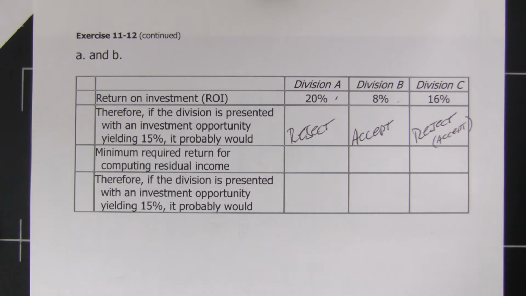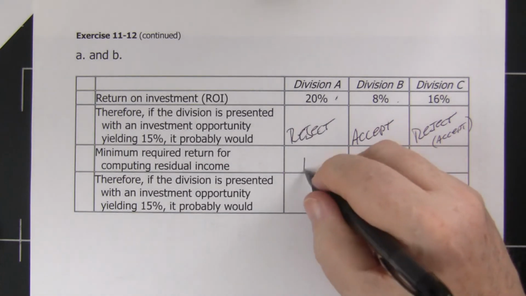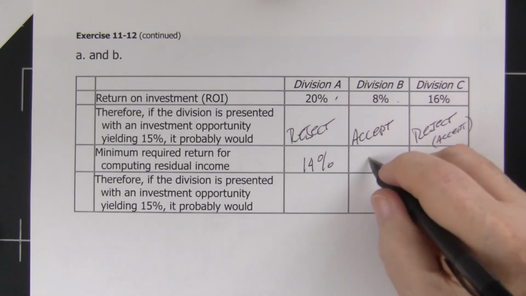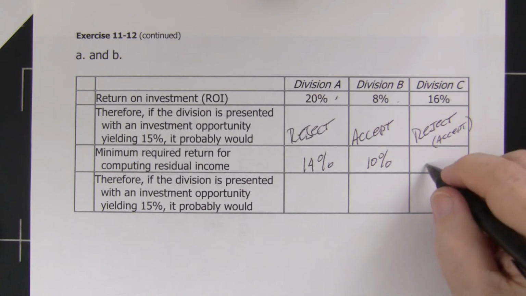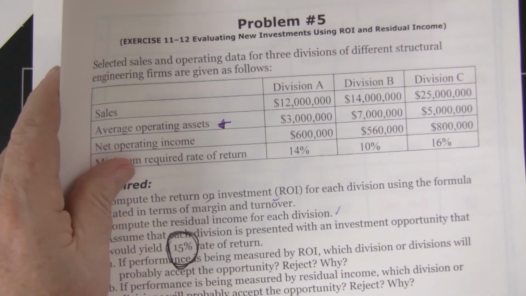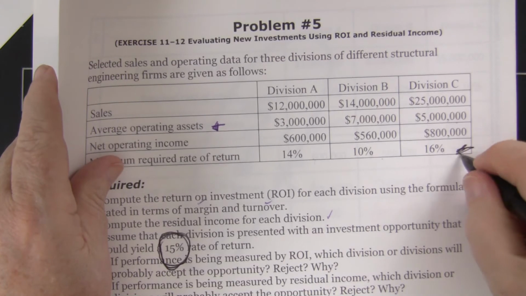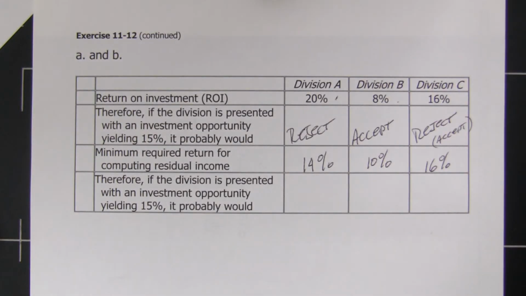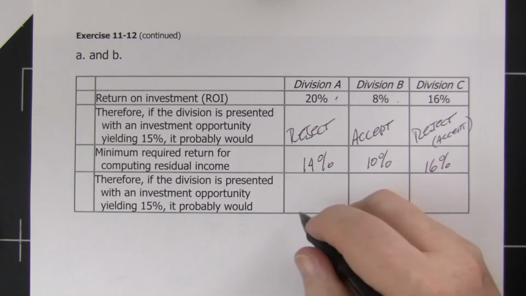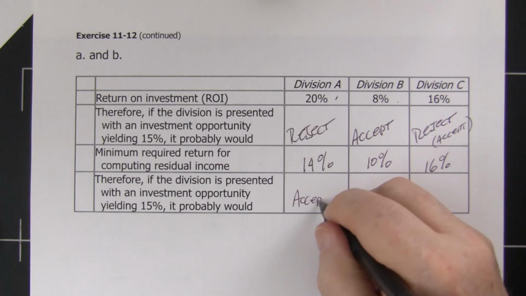Okay, now the minimum required return for computing residual income, that's what they require. So this company, remember, was 14%, and this company was 10%, and this company was 16%. And that's just from page 1. They give us that. Now, Division A, based on residual income, absolutely would accept this.